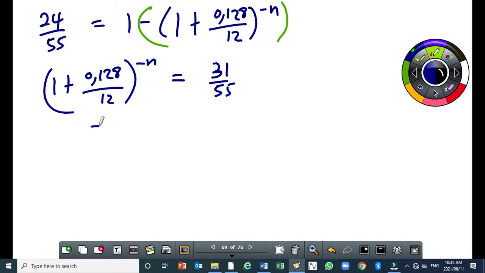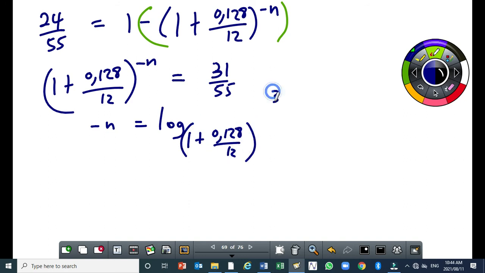So you drop down the minus n, we introduce logs. The base on the left is also the base of the logarithm, so that's 1 plus 0.128 over 12. All this is going to be the number that you find its logarithm, which is 31 over 55. What answer do you get?